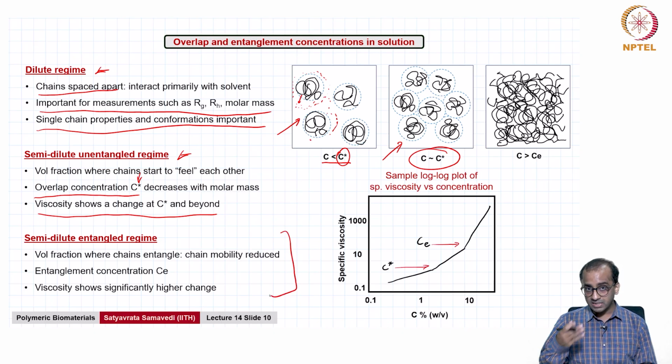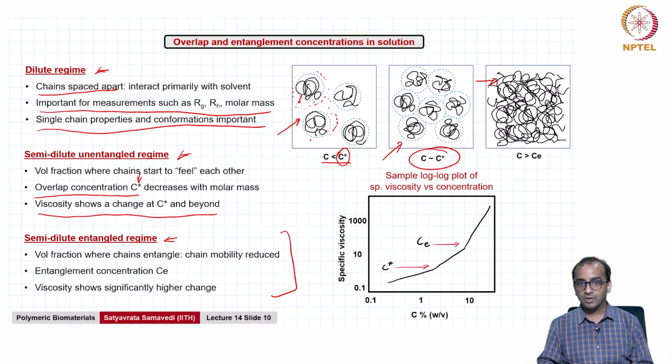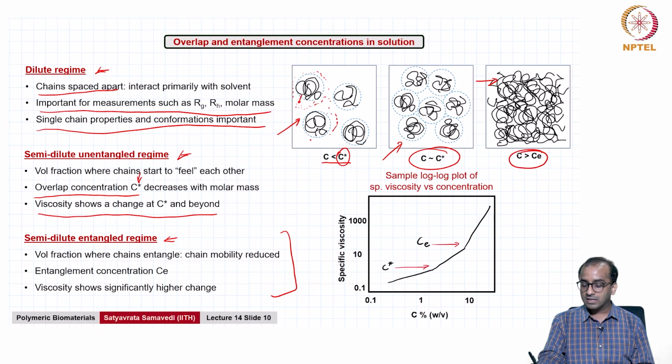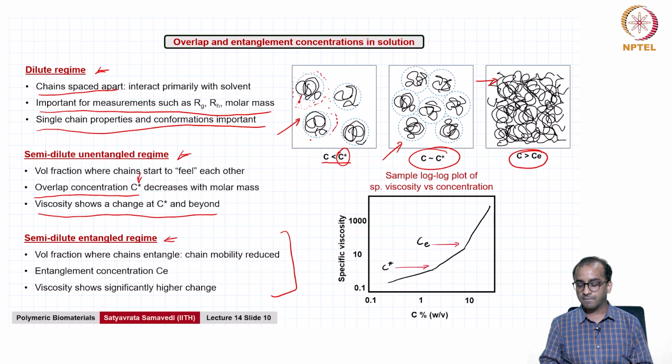From there, if you keep increasing the polymer volume fraction even more, you go to the semi-dilute entangled regime, where now the polymer has no choice but to entangle. Because it's a good solvent, remember, so it wants to minimize polymer-polymer interactions and wants to enhance polymer-solvent interactions. But now, at concentrations above entanglement, where you're looking at semi-dilute entangled regime, you have a situation where the polymer can no longer afford to interact only with the solvent.